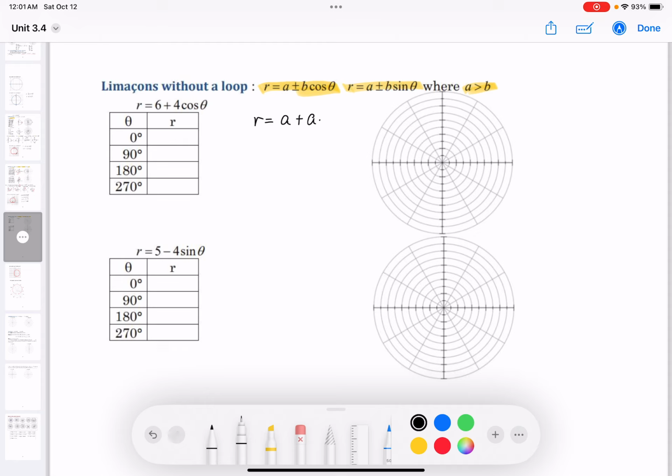a times cosine theta, it is just a heart shape. And if we have r equal to a plus big b times cosine theta, we're having a heart shape and then an inner loop, because b is too big, we're sucking this side. So we are having a loop.